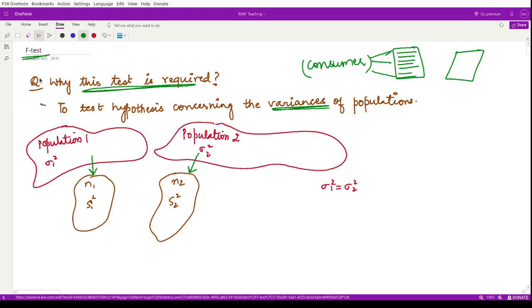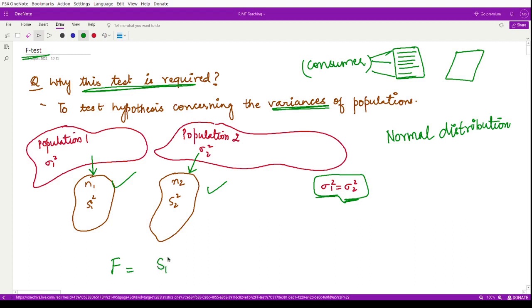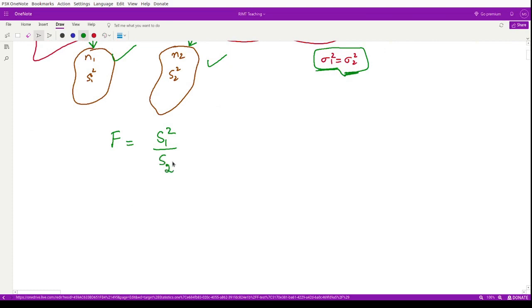Now, for this F test, we assume that these two samples have been taken from two populations which follow the normal distribution, and moreover we assume that the variances of these two populations are equal to each other. So what is the F test? The statistic F is defined by dividing the variance of the first sample by the variance of the second sample.